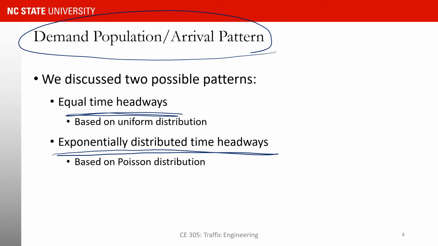It is a random number that changes over time. And based on this, we have different queuing systems. So if the arrival time between customers follows equal time headway, we have deterministic arrival.